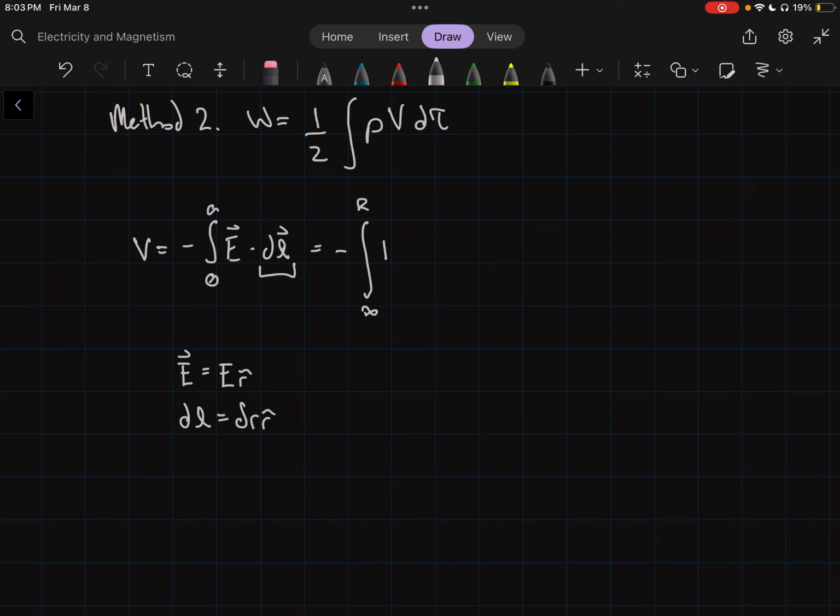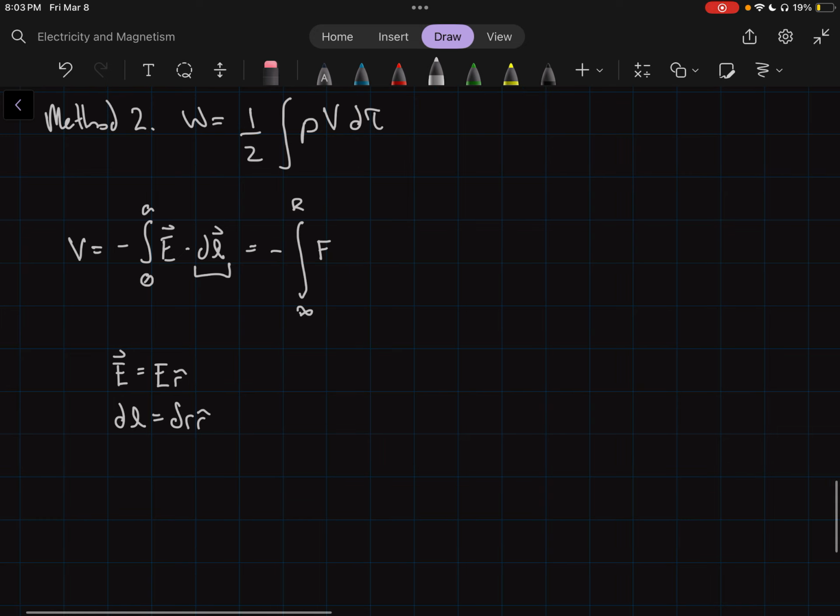That is our path. So we'll end up getting E2 dr minus, there should be a vector there, minus the integral from big R to little r of E1 dr. Just like that.